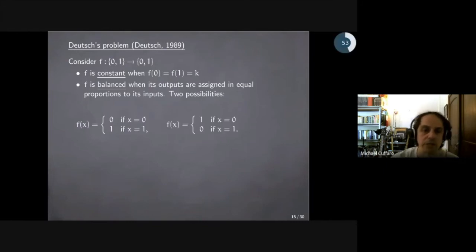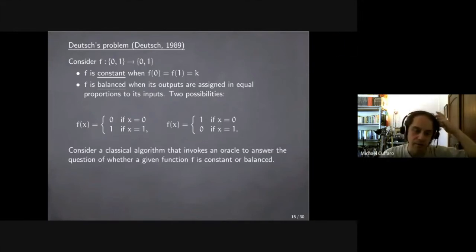So for instance, here's the identity function. The identity function just doesn't change its input, but it's balanced, because half of the outputs correspond to half of the inputs. And the same is true here, even though this is a very different function. This is a bit flip function, but it's still the case that the outputs divide the inputs evenly. And so that's a balanced function.